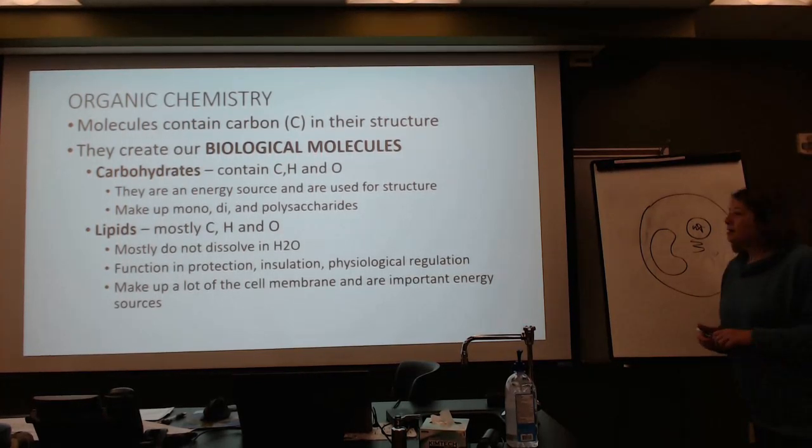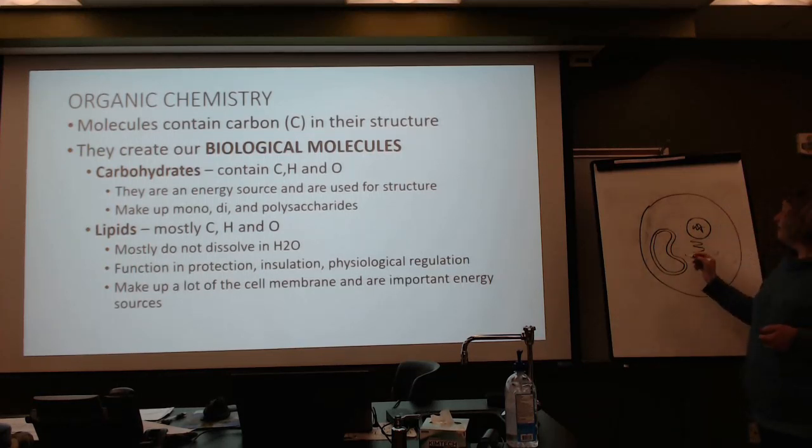Because mitochondria also have a double membrane, okay? And then they have cristae, which is like a folded membrane. And they produce our ATP.